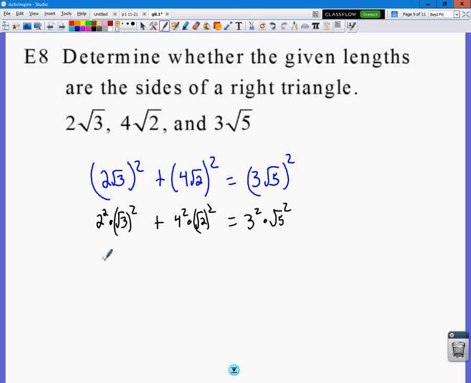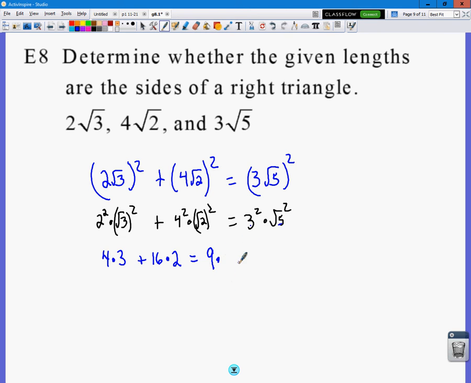Two squared is? The square root of 3 squared is 3. 4 squared is? Square root of 2 squared is? 3 squared is 9.